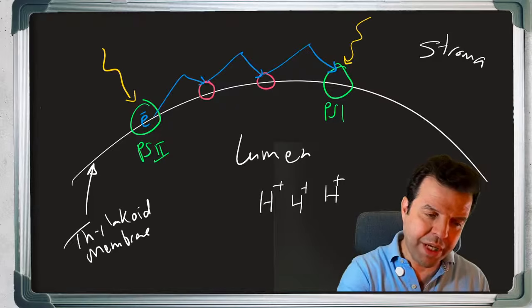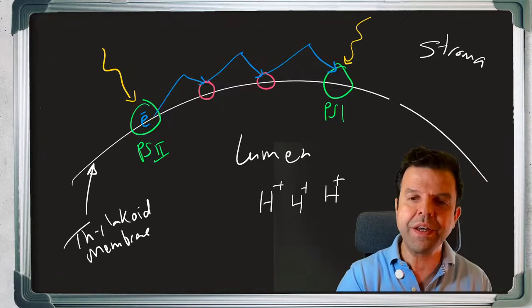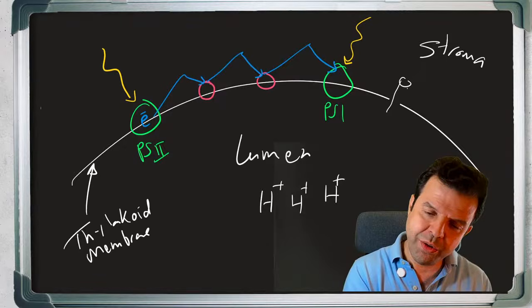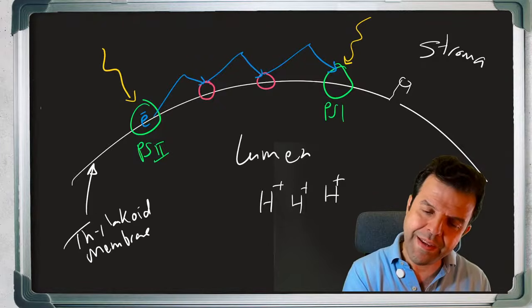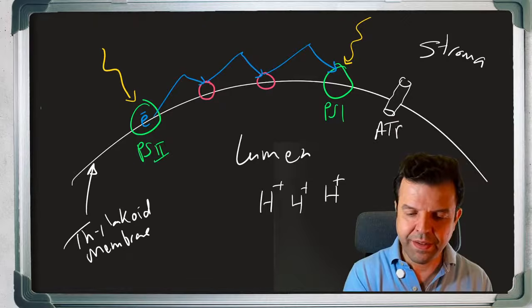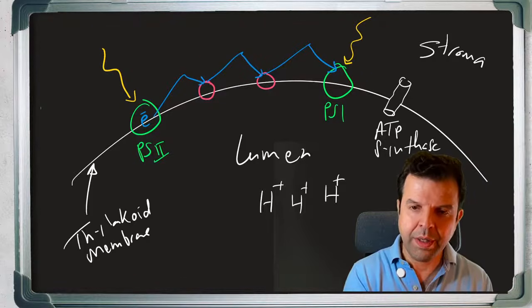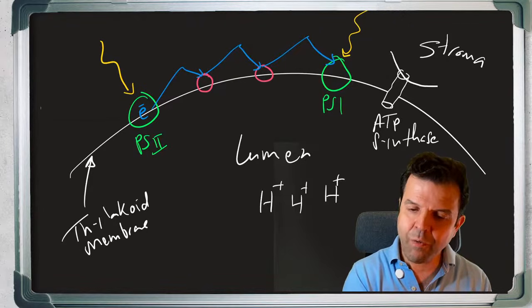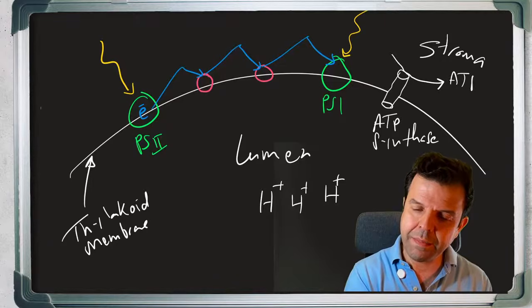From here on the right, I'll make an opening. This is a channel. What do I call this channel? Called ATP maker or ATP synthase. Okay? This ATP synthase is gonna make photophosphorylation, meaning ATP.